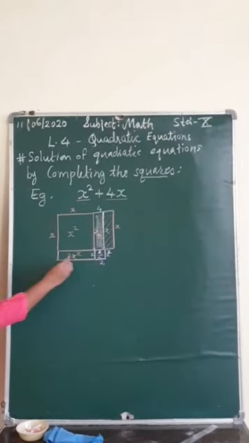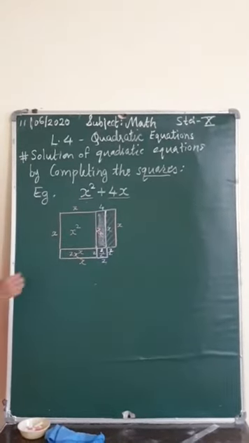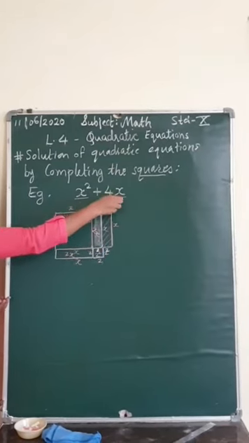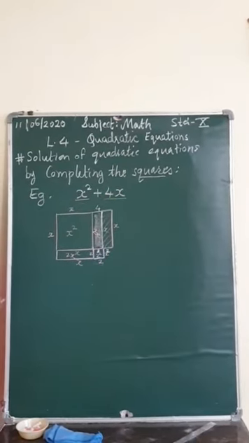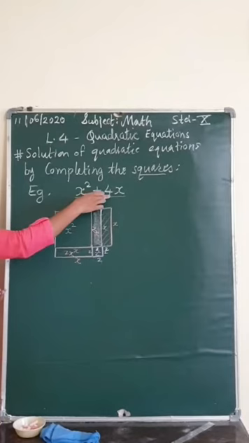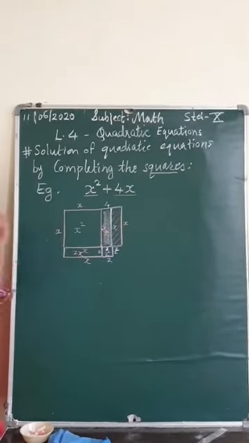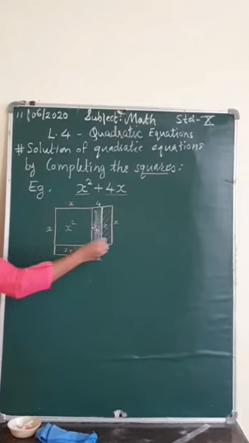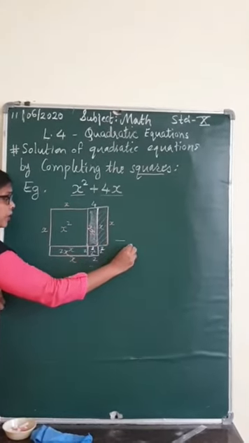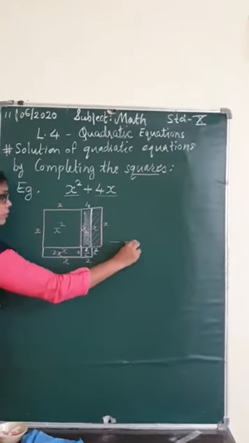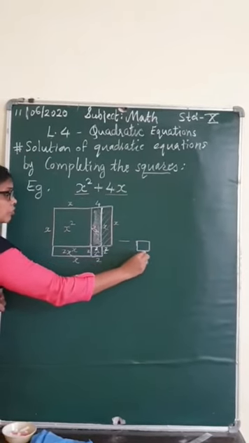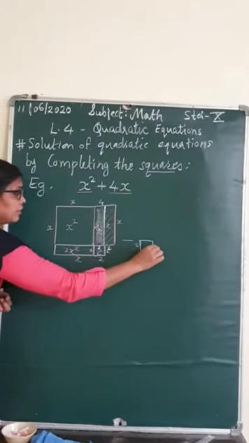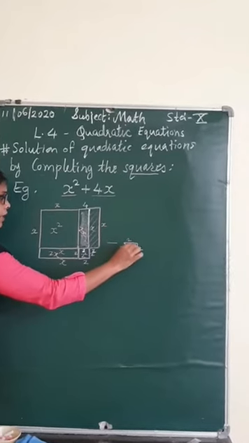But it means an addition to this polynomial, which we don't want. We want to represent only this polynomial through this pictorial. So what we do is subtract this smaller square, which has area 2 square.